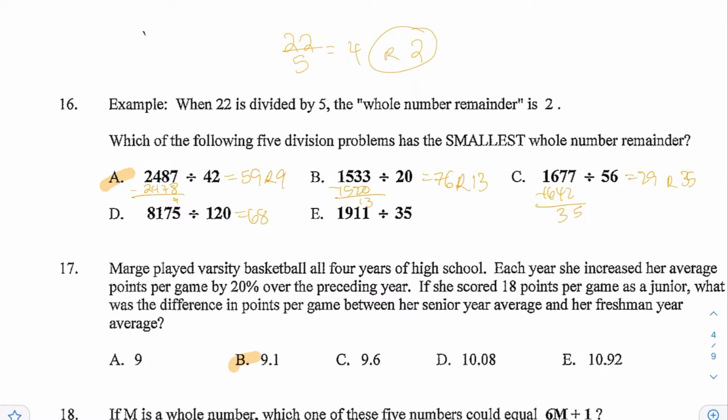And 68 times 120 is 8160. That's a remainder of 15. And finally, 1911 divided by 35 is 54. And 54 times 35 is 1890. So when you subtract, that's going to be a remainder of 21. So here we see that choice A has the smallest remainder of just 9. For this question, you just have to divide, guess, and check.